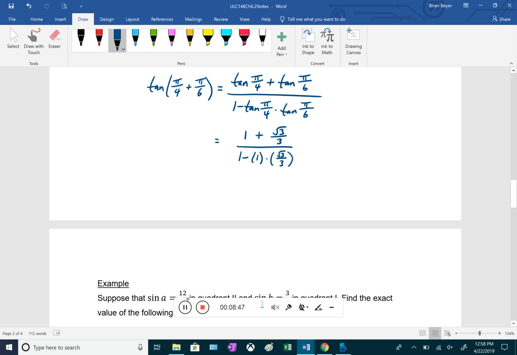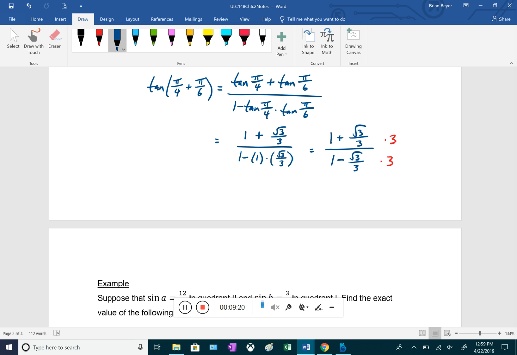So that's going to be equal to, in the numerator, I'm just going to leave that alone for right now, 1 plus radical 3 over 3 divided by 1 minus radical 3 over 3. So what we have to do here to simplify this complex fraction is multiply the numerator and denominator by 3, because that will cancel off the smaller denominators.